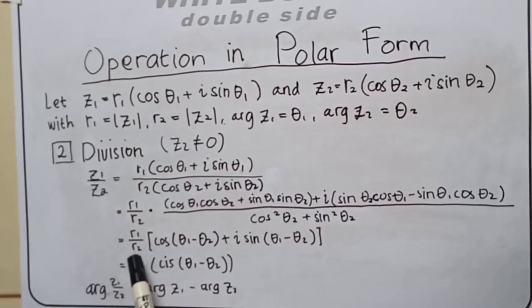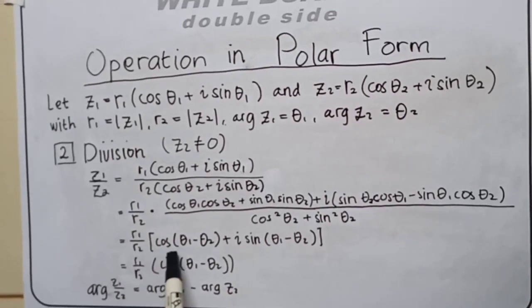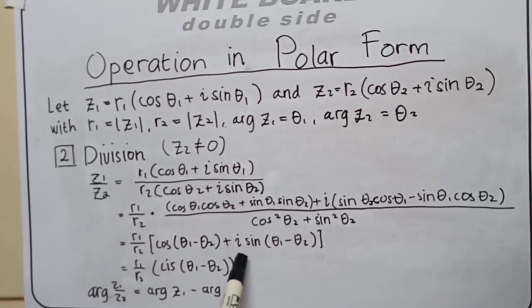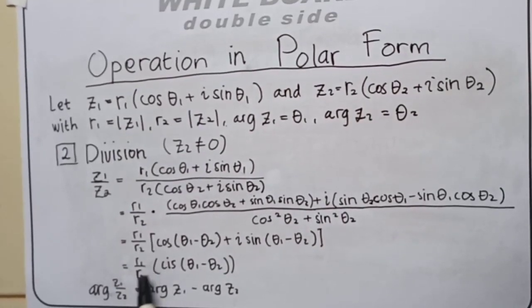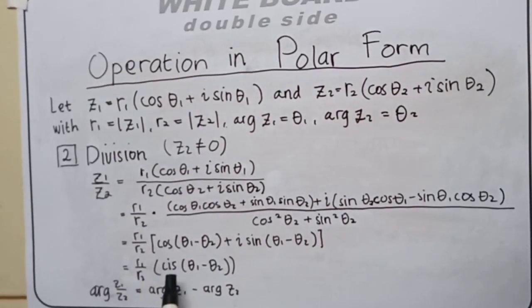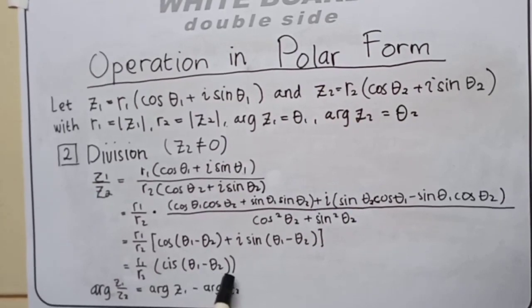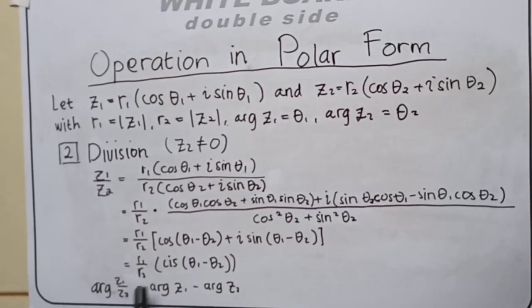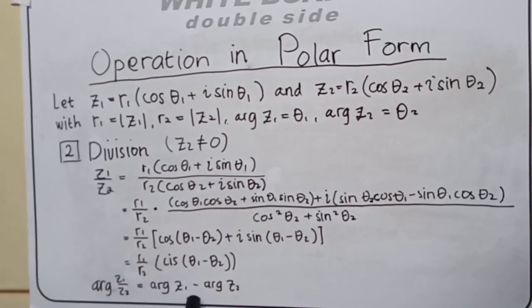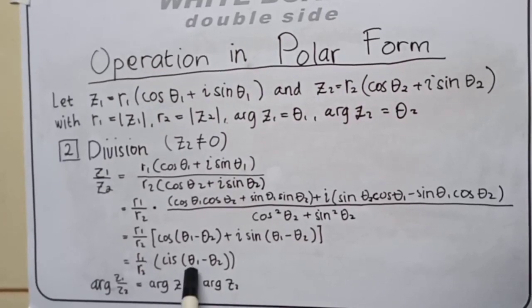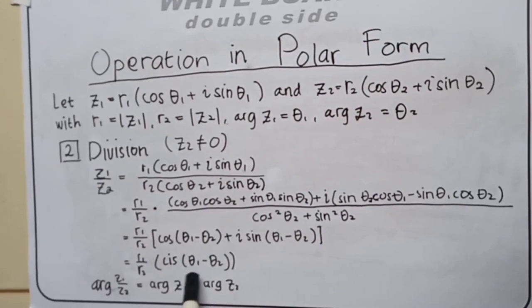So we get R1 over R2 times cos(theta 1 minus theta 2) plus i sin(theta 1 minus theta 2). So we get R1 over R2 times cis(theta 1 minus theta 2). And here, arg(Z1 over Z2) equals arg Z1 minus arg Z2, since this is theta 1 minus theta 2.